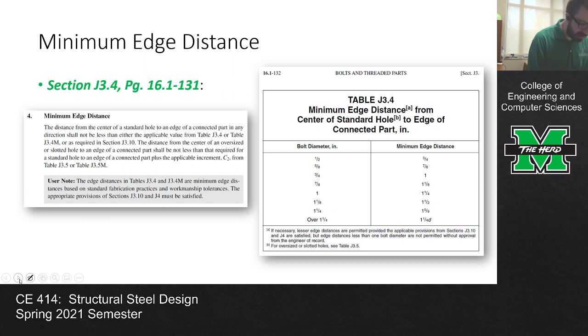And so if we read the spec, and this is one thing that you're going to have to start to get used to a little bit in structures land, and this is not unique to steel design or concrete design or buildings or bridges. Sometimes there's a treasure hunting expedition that you can find when referring to specs, because I open up section J3.4 and it says the distance from the center of a standard hole to the edge of any connected part shall be found in a table.